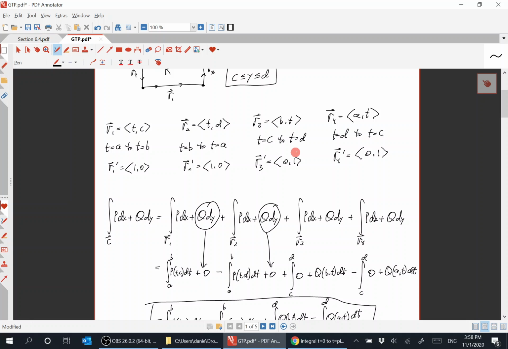And over R3 and R4, dx is 0, so p dx is 0 in these. So, what do we get?